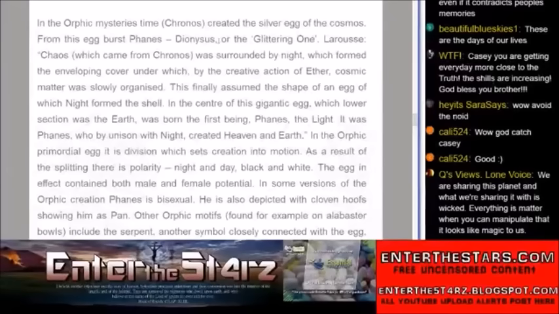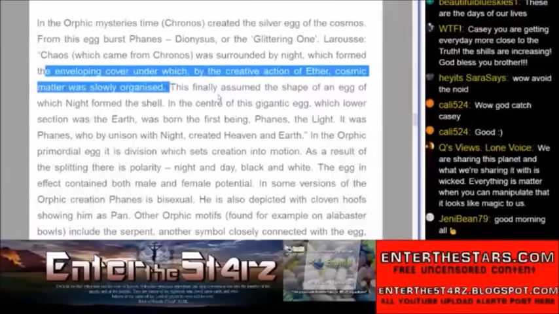Let's keep going with this, because it says, Larousse: chaos, which came from Chronos, was surrounded by night, which formed the enveloping cover under which, by the creative action of ether, cosmic matter was slowly organized. Okay, so this is the theory of how everything came into creation.